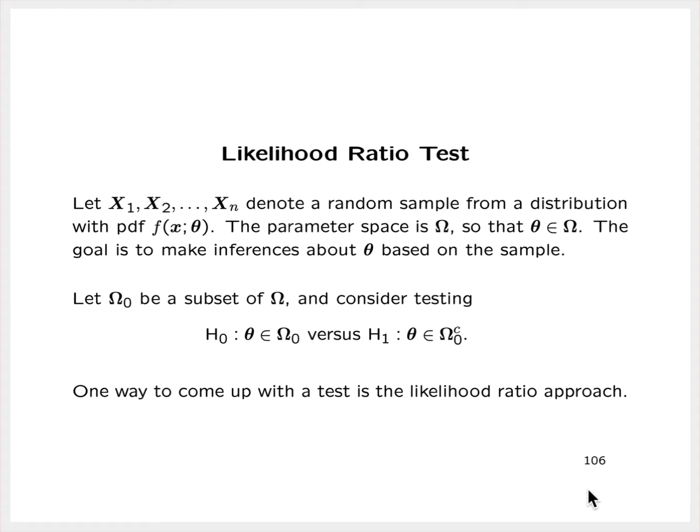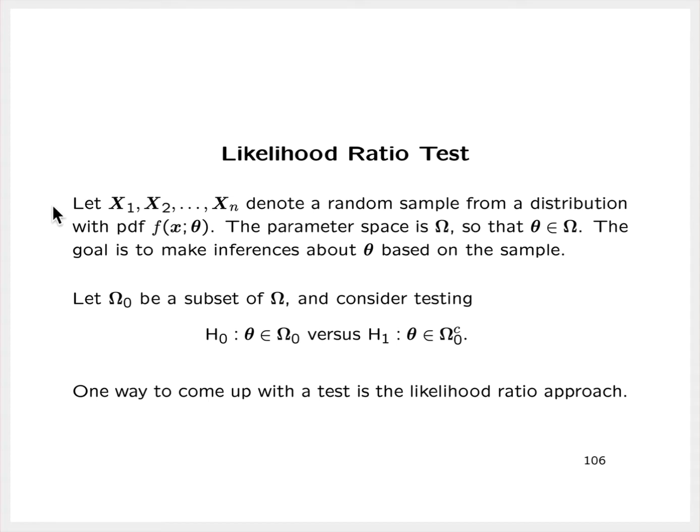It turns out that once you have derived the test, it can look fairly intuitive and make sense, and that's a good thing. But in many of those cases, the original approach for coming up with a test was via the likelihood ratio test. And so how does this work?